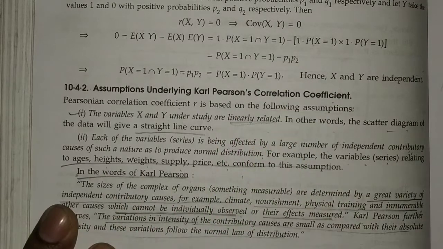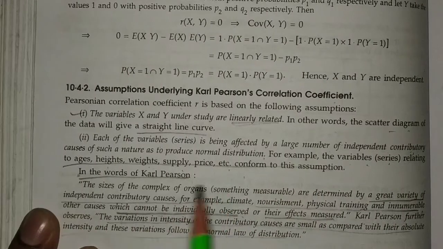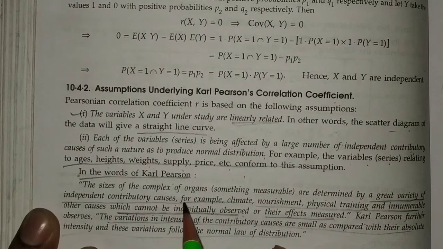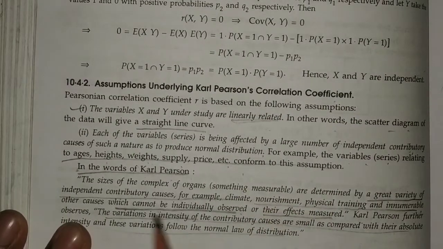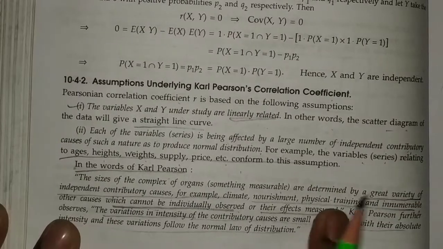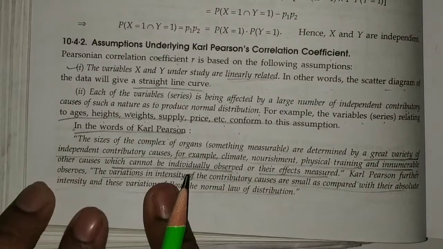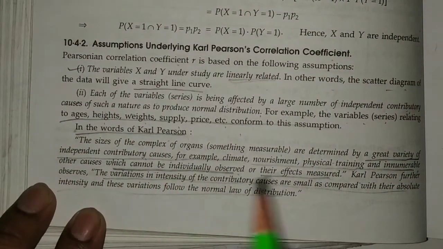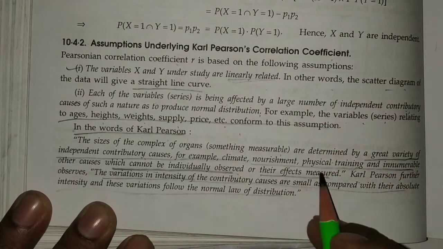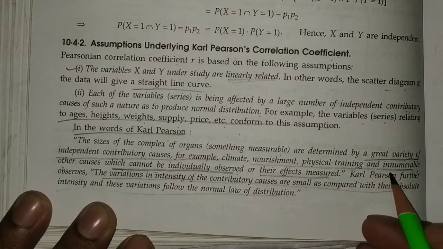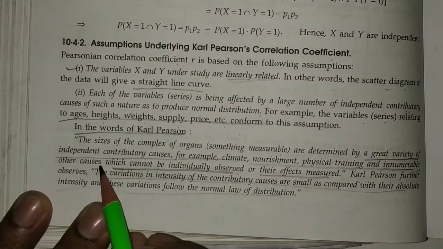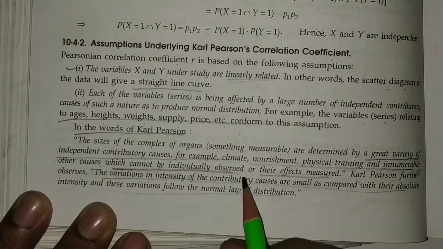In other words, according to Karl Pearson, the size of complex organs or something measurable is determined by a great variety of independent contributory causes. For example, climate, nourishment, physical training, and innumerable other causes which cannot be individually observed or their effect measured.